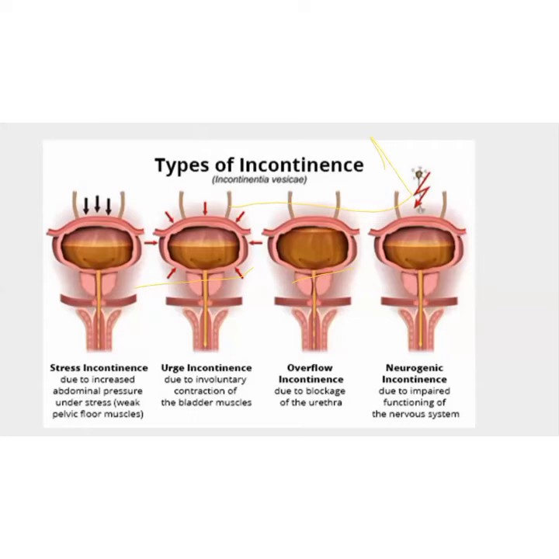Incontinence. What is incontinence? Urinary incontinence is the unintentional passing of urine. When urine comes out on its own without our being able to control it, we call it incontinence. There are different types of incontinence. Stress incontinence is because of increased intra-abdominal pressure and weak pelvic floor muscles.